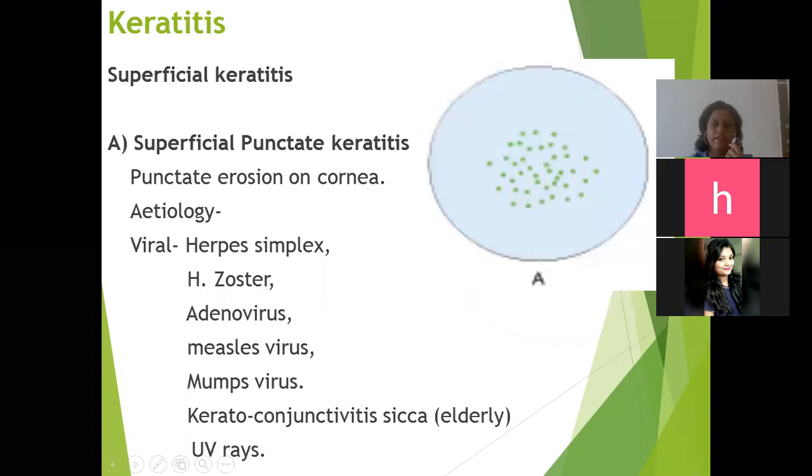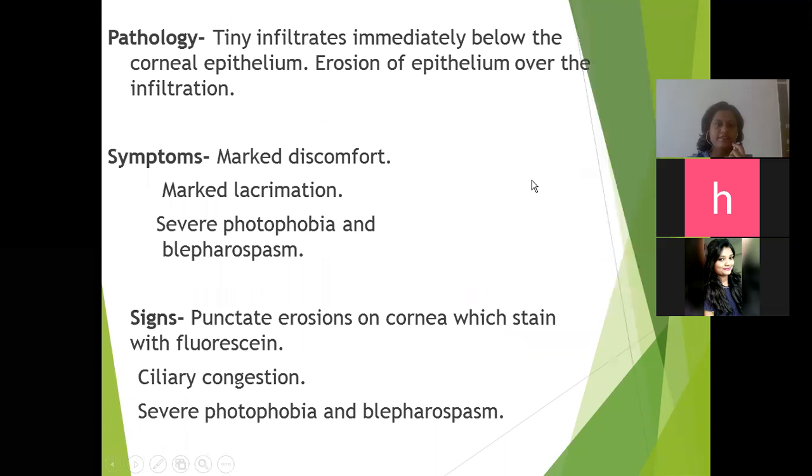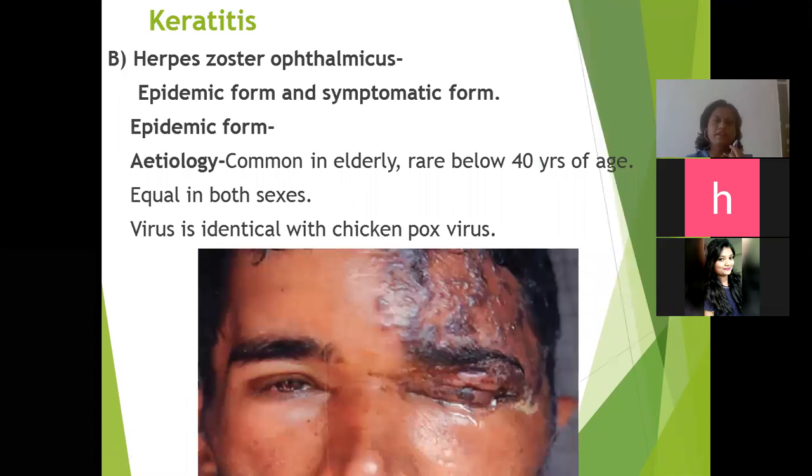In that we can study in detail superficial punctate keratitis. This is its diagrammatic representation. Then its pathology, signs, symptoms, with complication and treatment. And next is herpes zoster ophthalmicus. We see the main diagrammatic features of herpes zoster ophthalmicus.